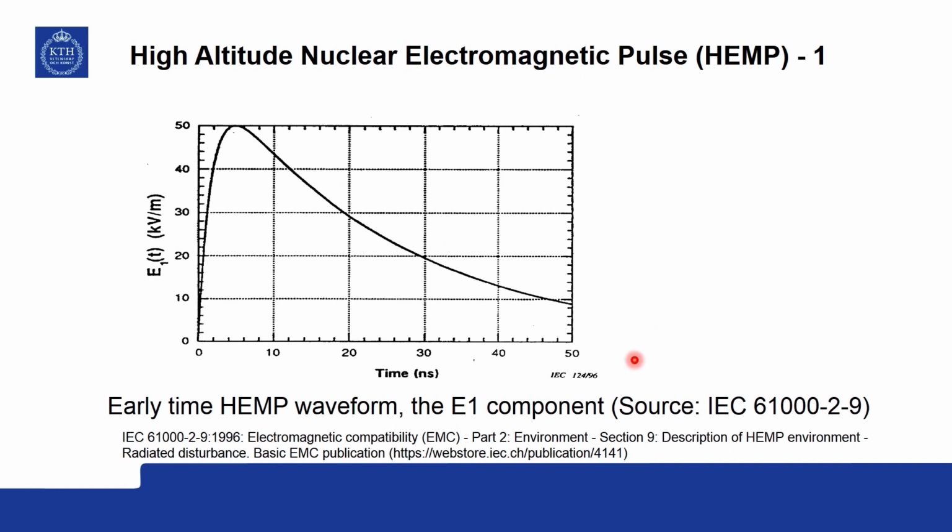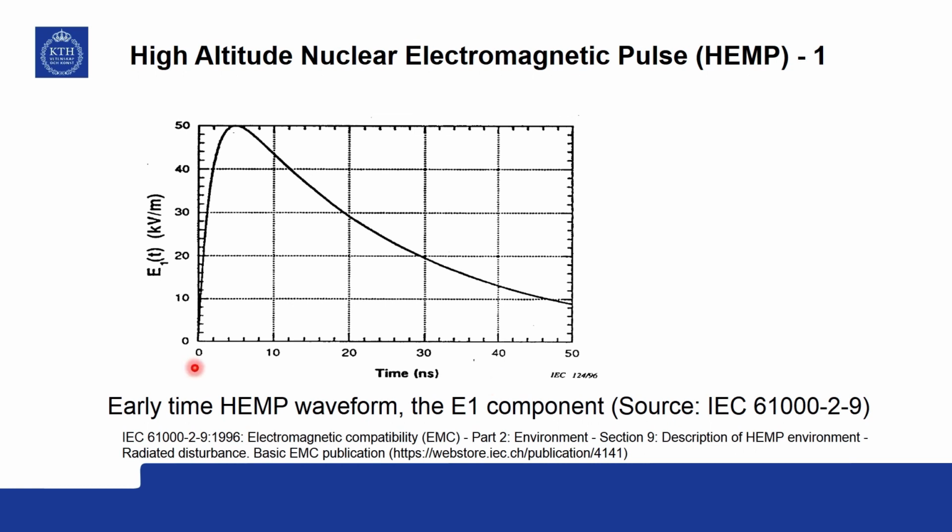Now, some examples from IEC standards are taken to show the waveforms of not very common sources of EMI issues, but if it happens, that becomes severe because it can affect the whole cities or whole countries. For example, high altitude nuclear electromagnetic pulse. Many of the critical systems in several countries are designed to withstand high altitude nuclear electromagnetic pulse, critical command and control systems of military and civilian systems in some cases.